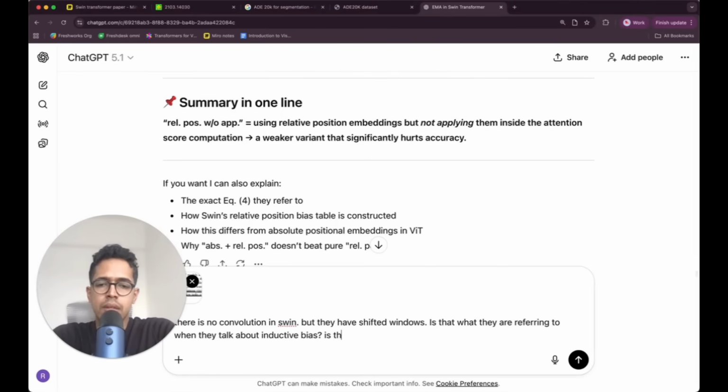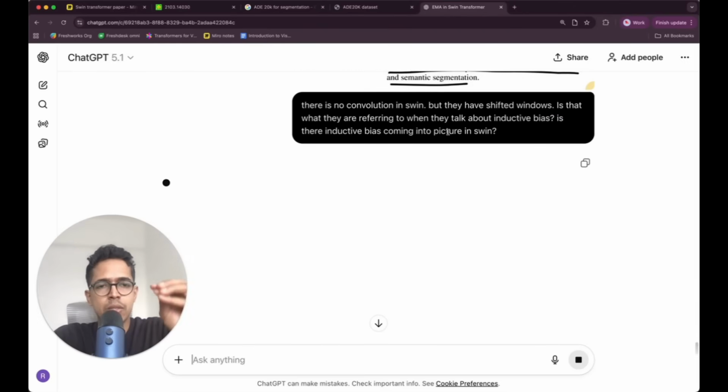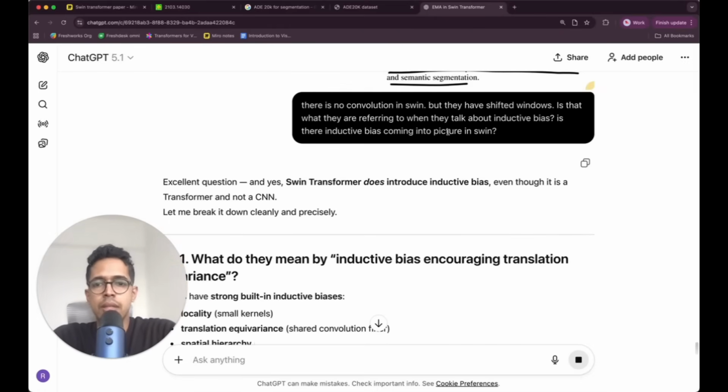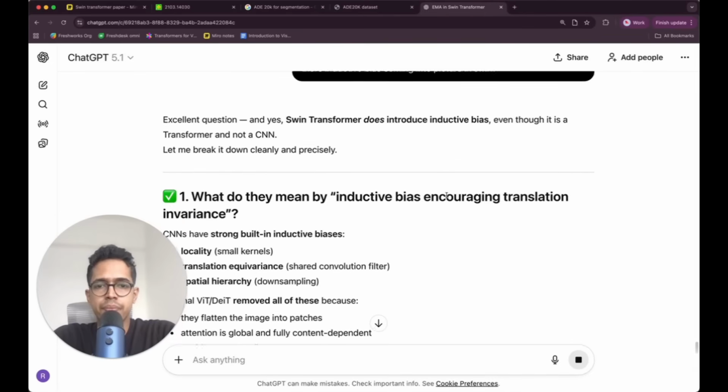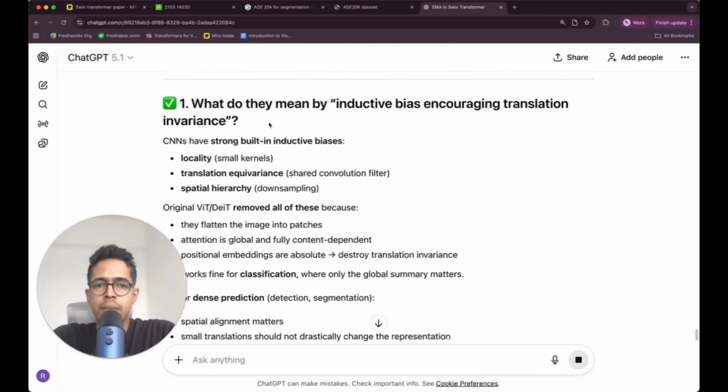Is there inductive bias coming into the picture in Swin? I just want to know whether they are saying that inductive bias in Swin Transformer is coming because of the shifting windows. Does it introduce inductive bias even though it is a transformer, not a CNN?